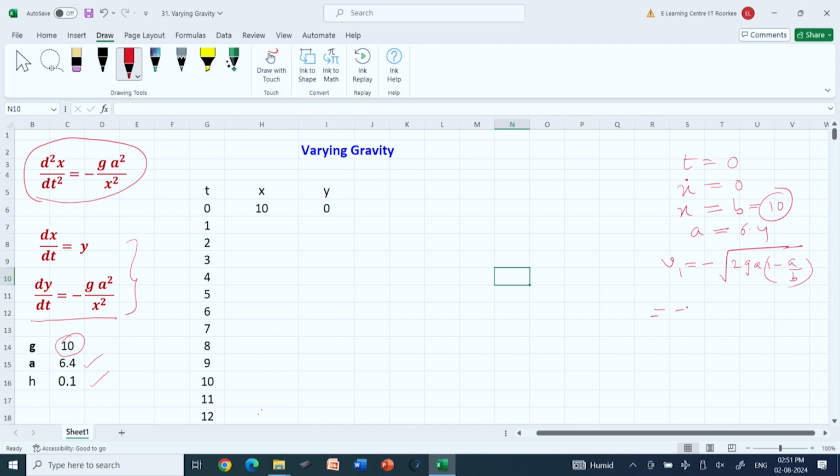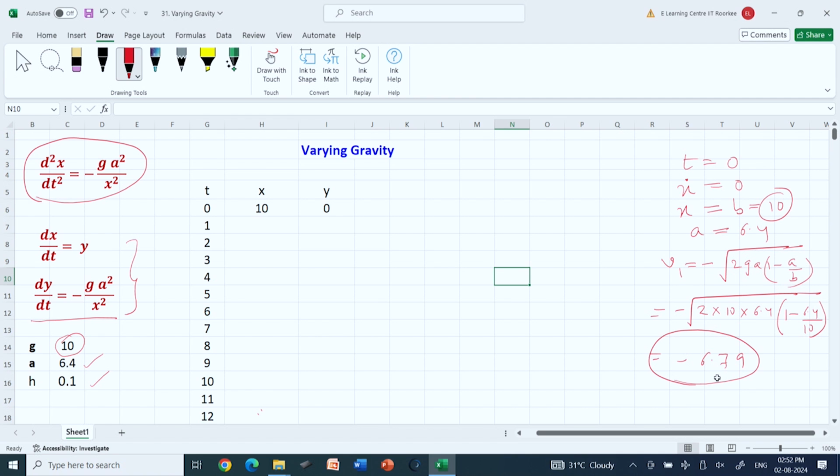If I substitute all the values, 2 times 10 times 6.4 times (1 minus 6.4 divided by 10), you will get approximately 6.79. Now, we solve this set of differential equations, and we will see that it approximately matches this value.